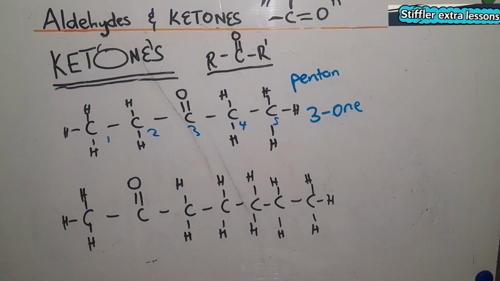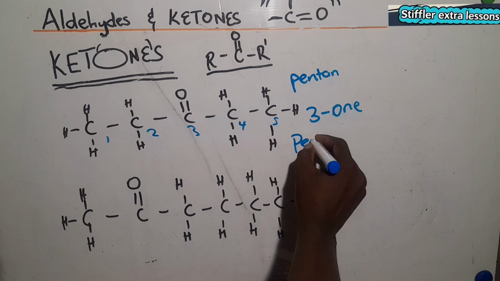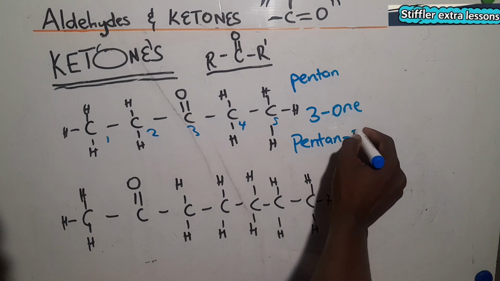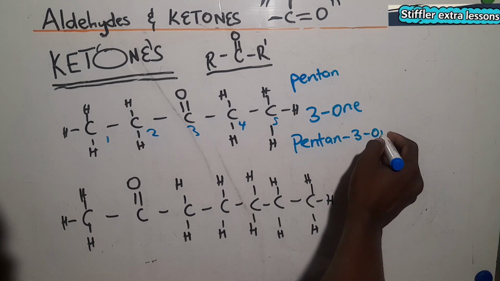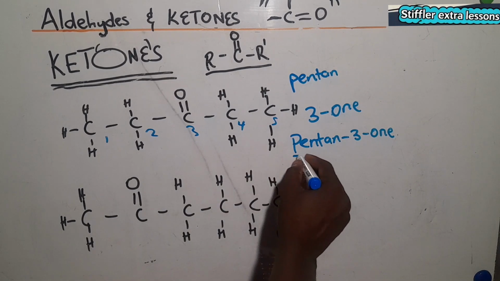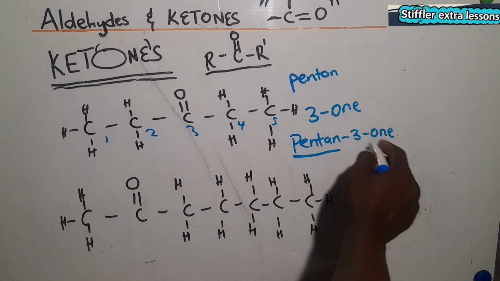So putting together the name, we are going to first start with the parent. So the pentan, and then 3, 1, like that. So pentan, 3, 1, just like that. So this representing the parent name, and this representing the position where the 1 is coming.